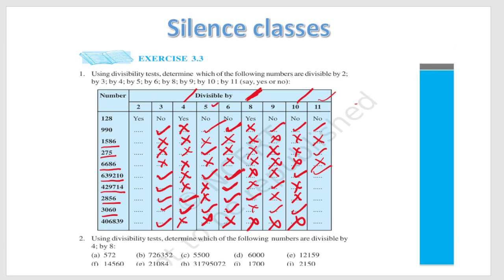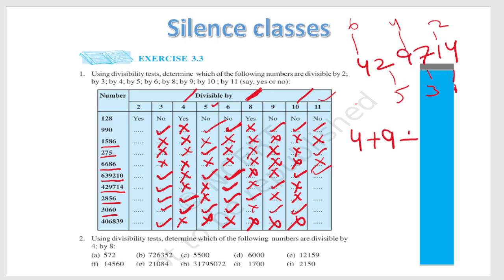Now the number is 429714. 1, 2, 3, 4, 5 and 6. 4 plus 9 plus 1 is 14.